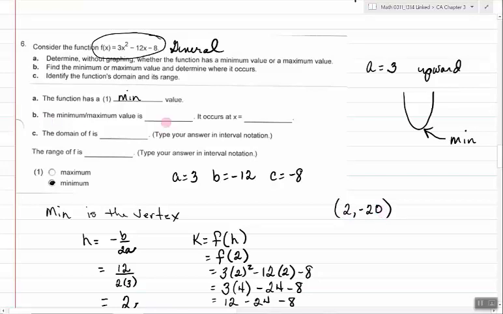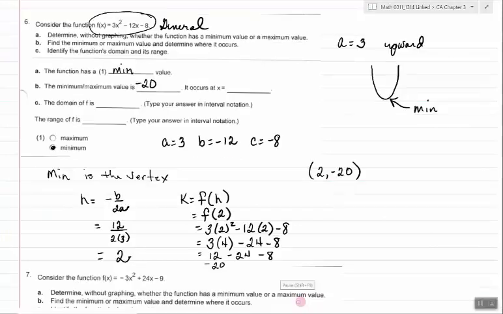Now, the minimum value, the thing that got the lowest, was the y. It keeps wanting to erase. Not sure why it's doing that. Oh well. This is the y value, and it is negative 20. All right, I think I have things working now.